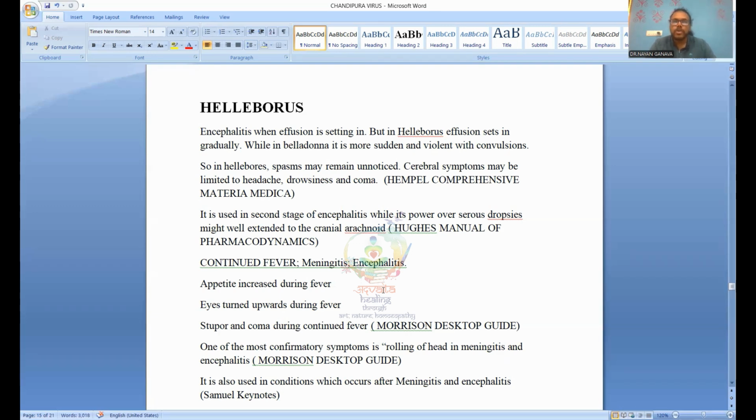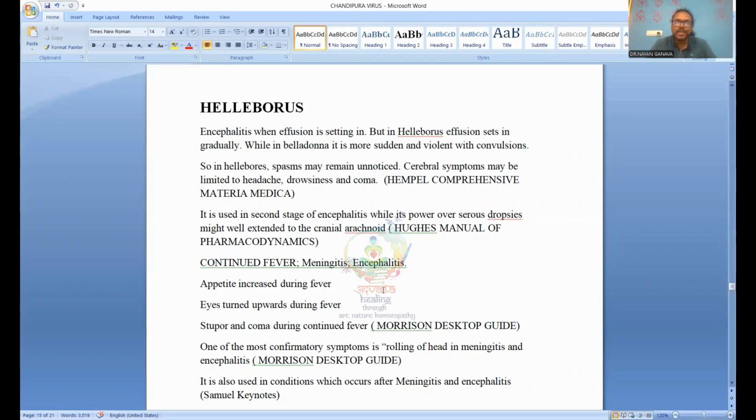But in Helleborus, what happens? Effusion sets in very slowly, very gradually, while in belladonna it is more sudden and violent with convulsion. So in Helleborus, spasms may remain unnoticed. Cerebral symptoms will be limited to headache, drowsiness, and coma. That is what Hempel has written in his Comprehensive Materia Medica.